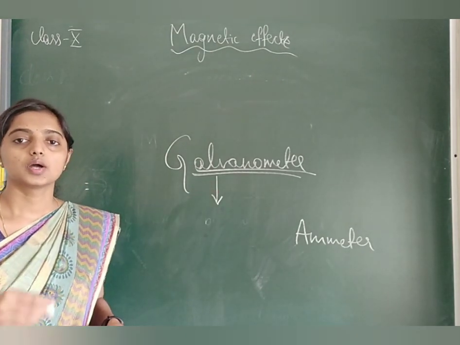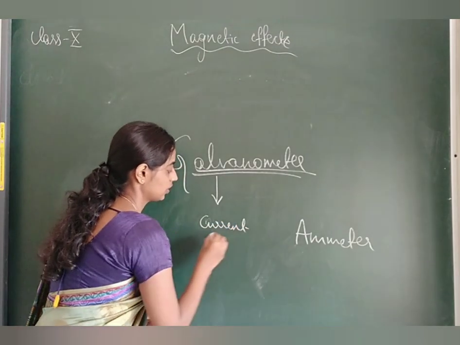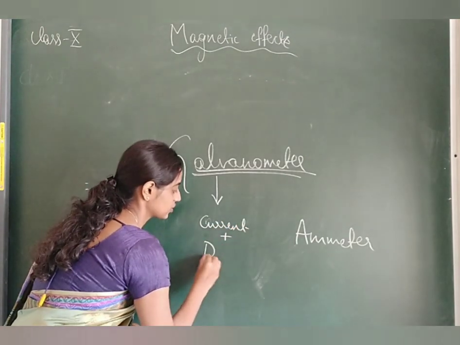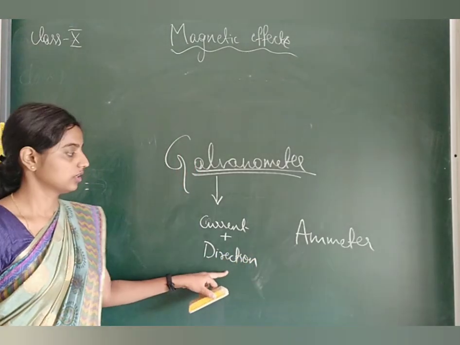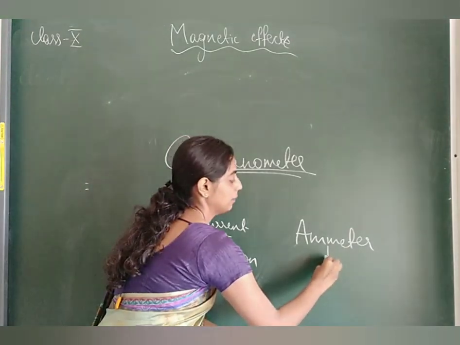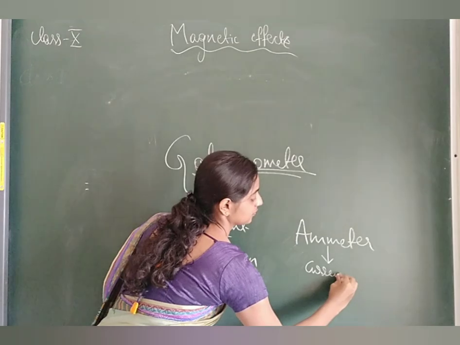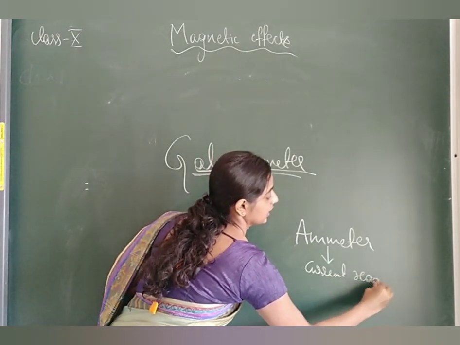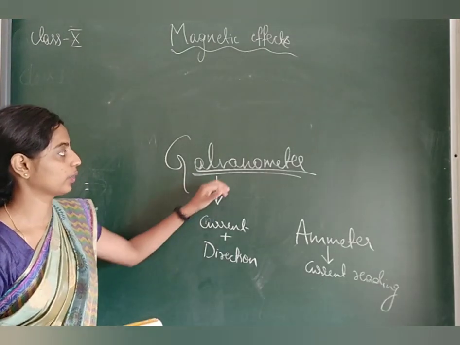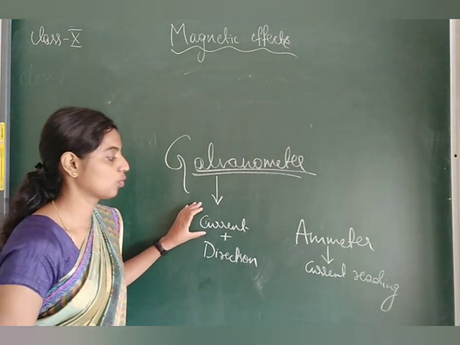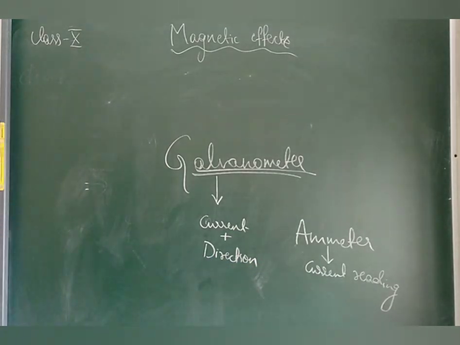A galvanometer detects the presence of current in a circuit as well as the direction of the current. But what does an ammeter do? An ammeter only gives the current reading, whereas a galvanometer gives both the current reading as well as the direction of current.